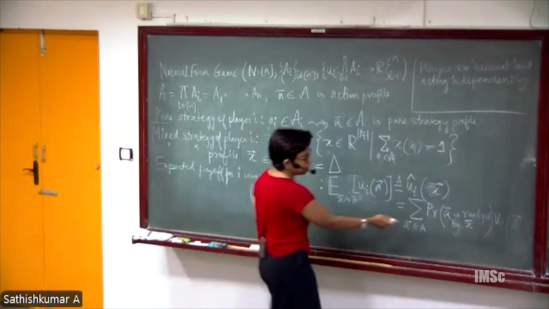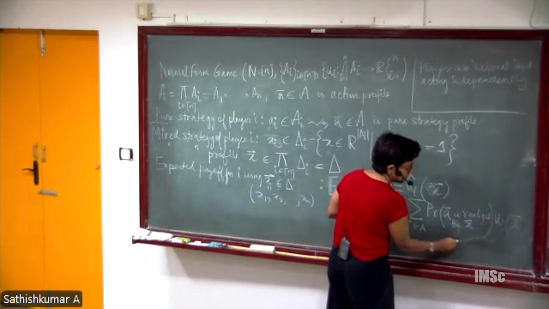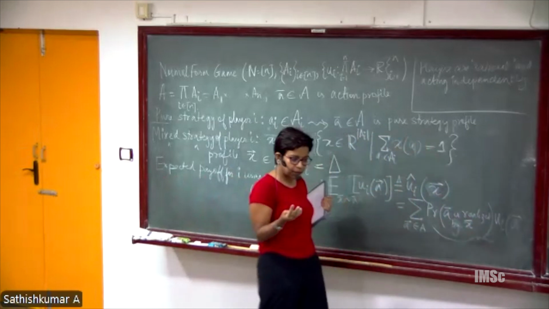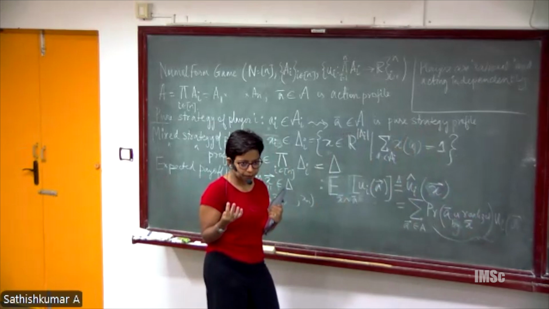Okay. Now the question is, how do I compute this? Now we use the fact that players are acting independently, right?